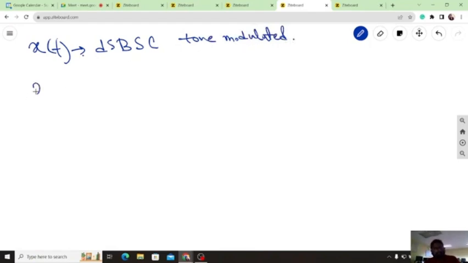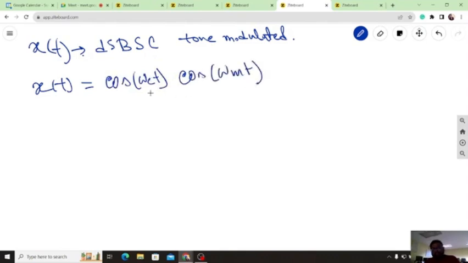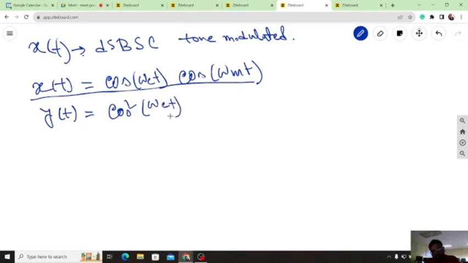So what is x t? x t is the carrier into the message. If x t is this, what will be y t? y t is cos square omega c t into cos square omega m t.